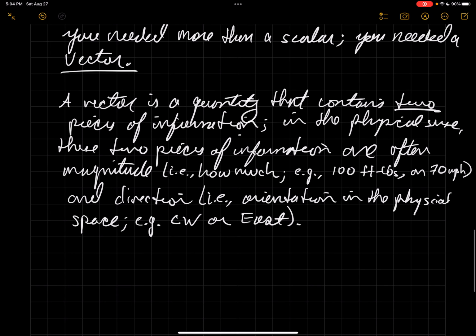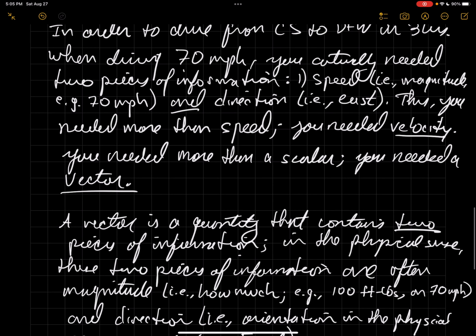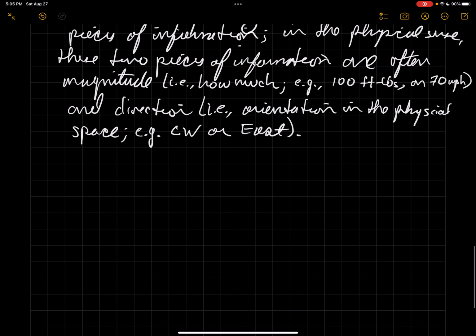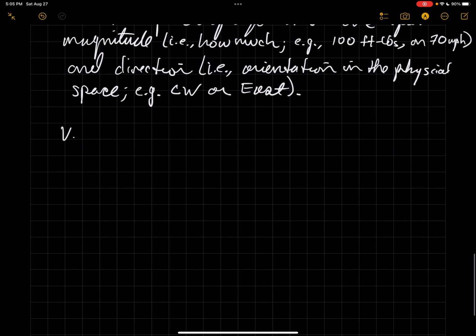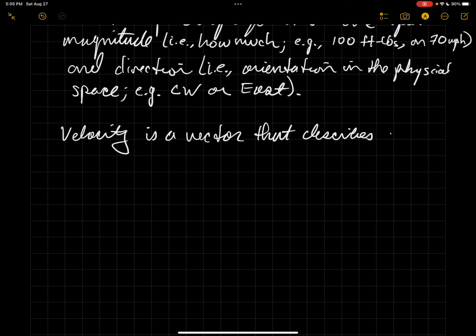Okay, so earlier we said that, referring back to our driving example, we needed more than something which we call speed. We needed something which we call velocity. So what is velocity? Velocity is a vector that describes something's speed, or the rate at which it's changing its position, and direction.